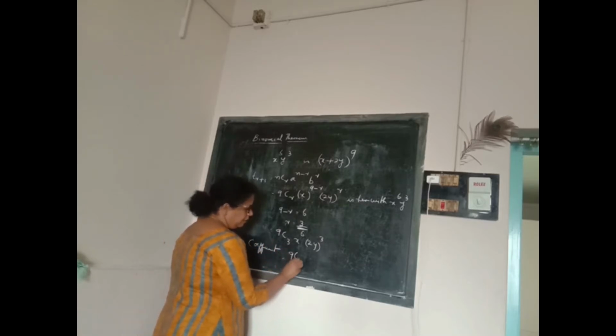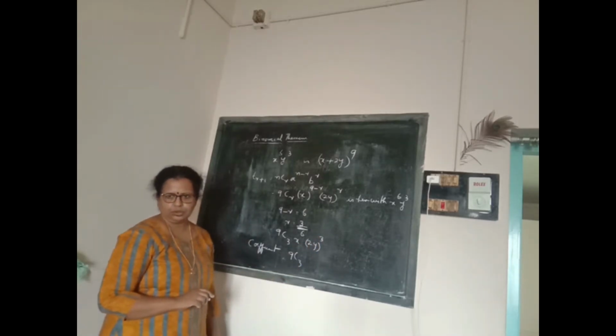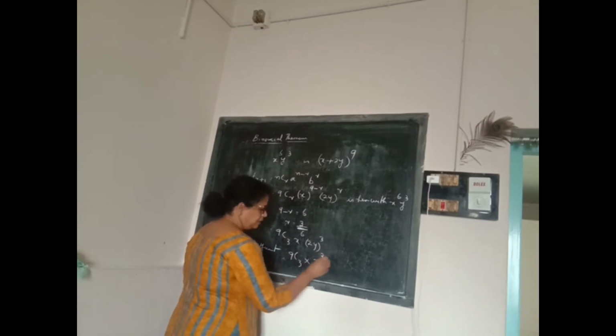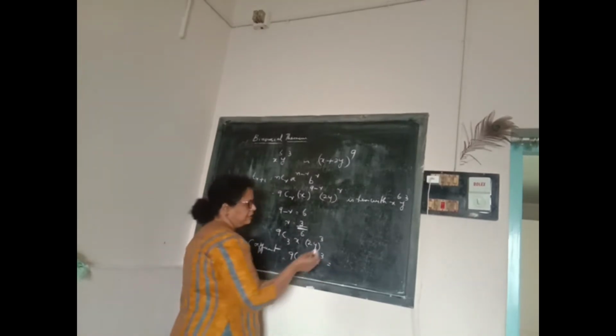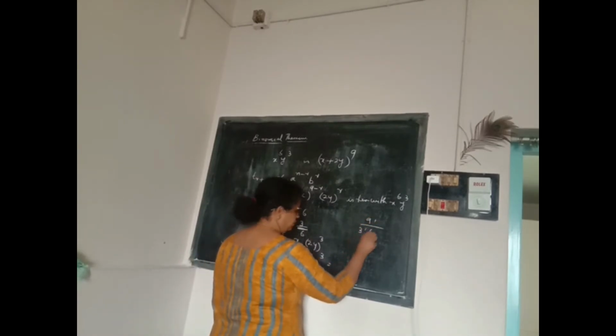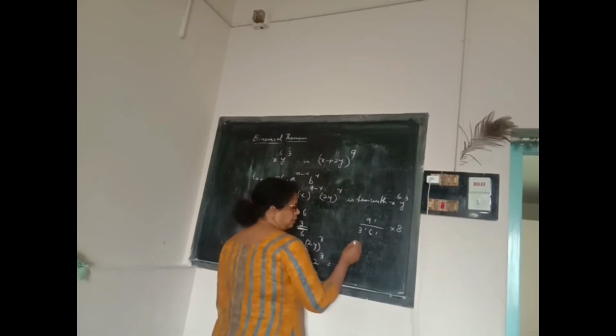Only the coefficient is asked. So the coefficient is 9C3, and from here this 2 cube will come. Don't forget to write that 2 cube. So 9C3 into 2 cube. Find the value. 9C3 is 9 factorial by 3 factorial, 6 factorial. 2 cube is 8. 6 factorial will get cancelled.